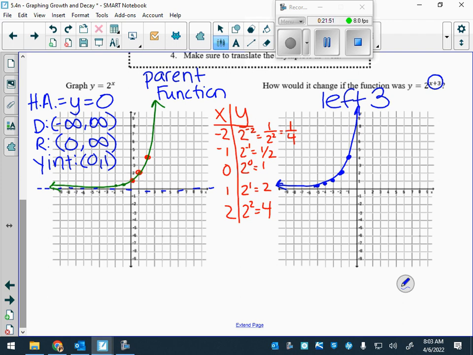So that's why it's important to graph the parent function first, then move it over. Or do the table of values, then move it over. The reason is, if you stick these 5 values in here, you are only going to see this part of the graph. You're not going to see the whole thing.